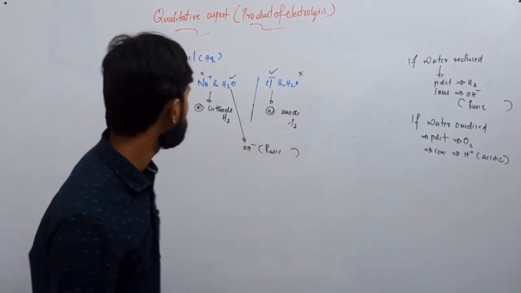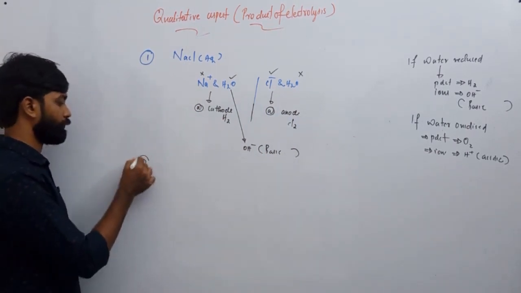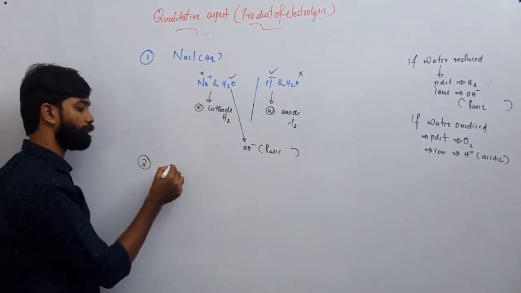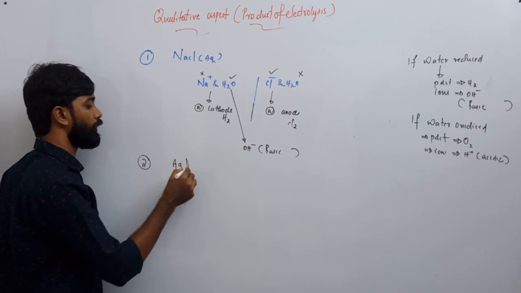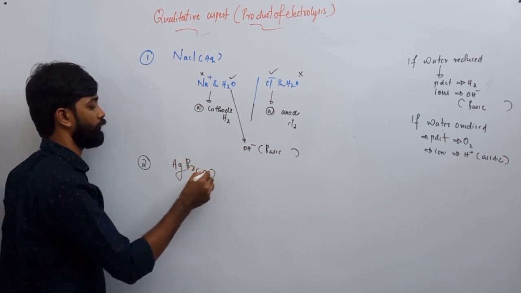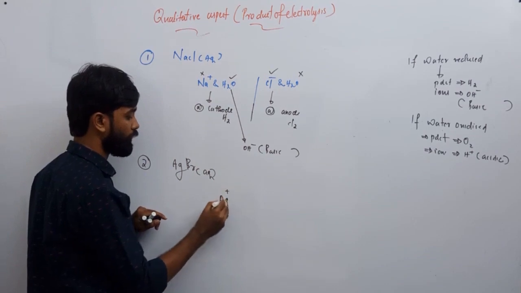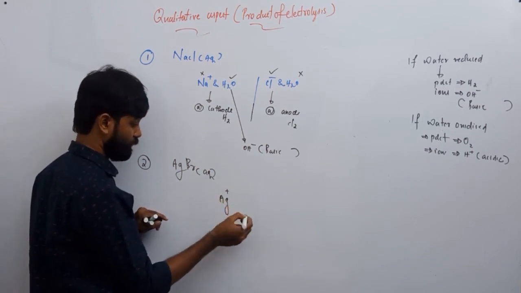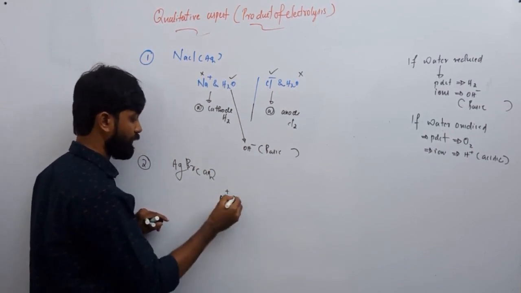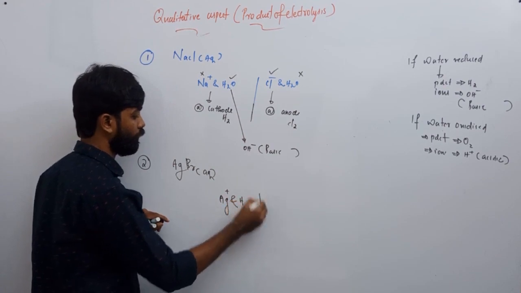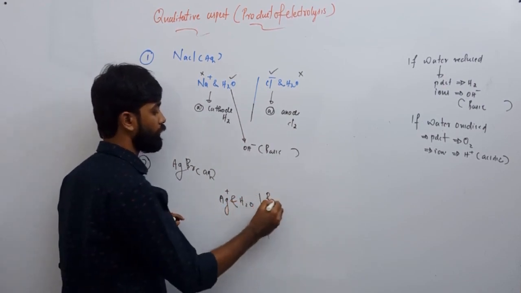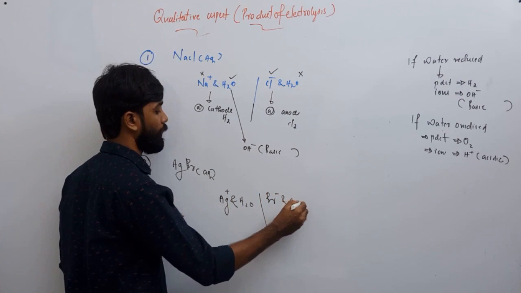Fine. The next one, AgBr aqueous. There is a competition for reduction between Ag plus and water. Moreover, Br minus and water. What happens?